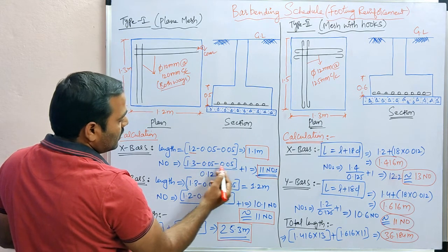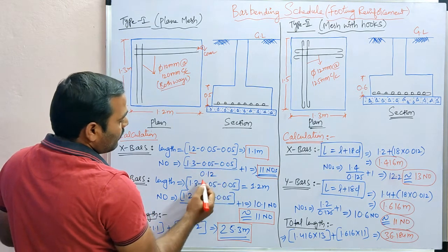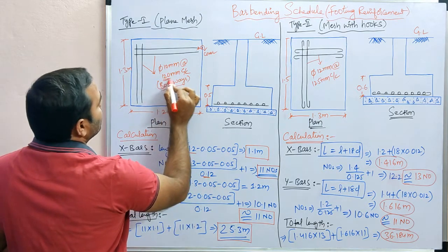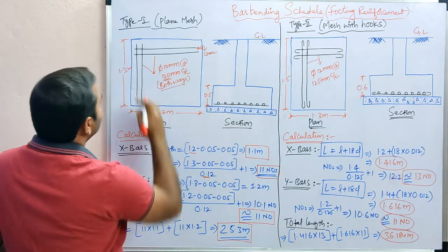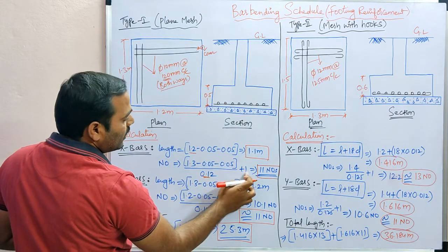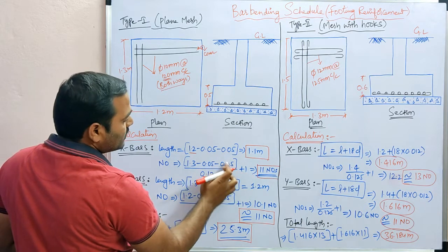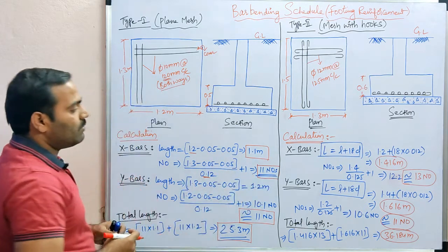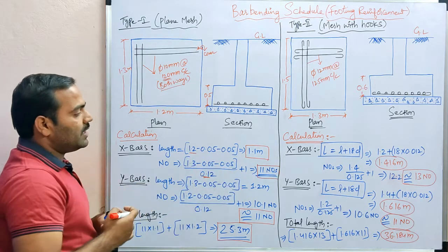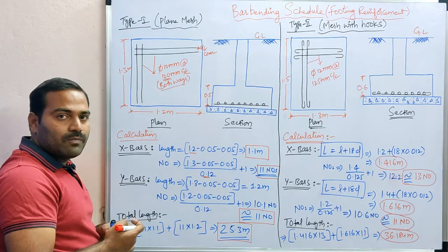These two are covers. Divided by the spacing, which is given here as 120 mm. So opposite length by spacing plus 1 bar. If we do this calculation, we will get a total of 11 bars. This is the way we calculate the length of bar and number of bars.